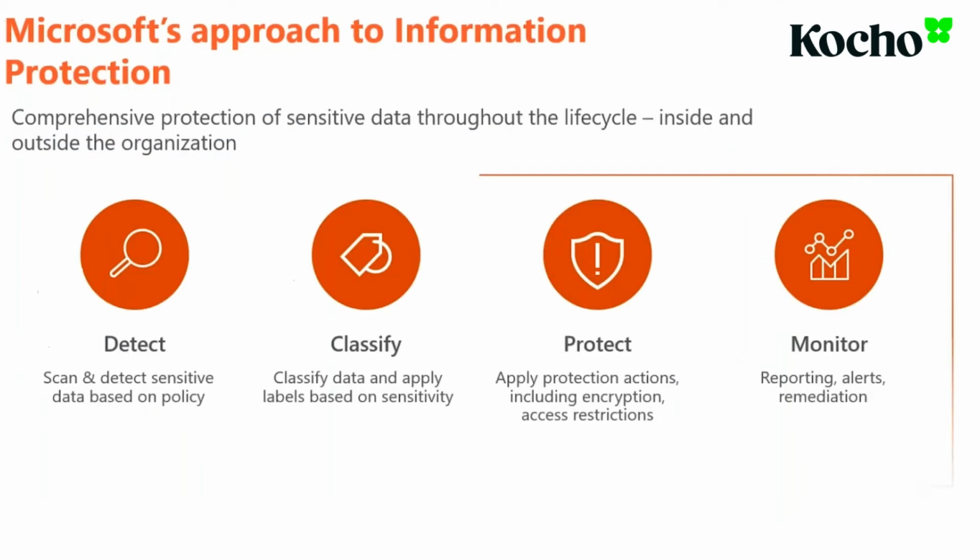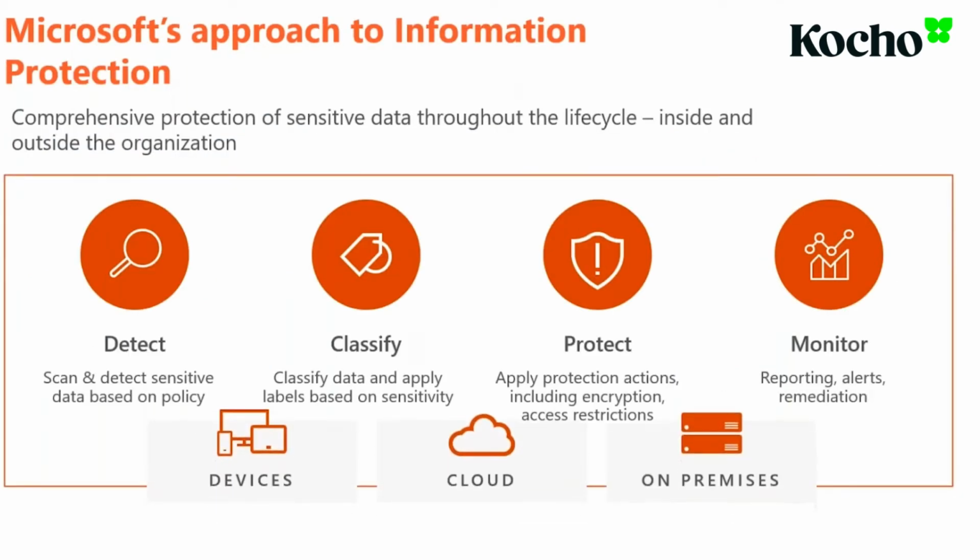When we look at this, we need to understand and detect where our sensitive data is. And by sensitive, we're not just talking about PII, we're talking about that whole range. Project codes that we can identify, NI numbers, bank account details, contract details, however it might be.